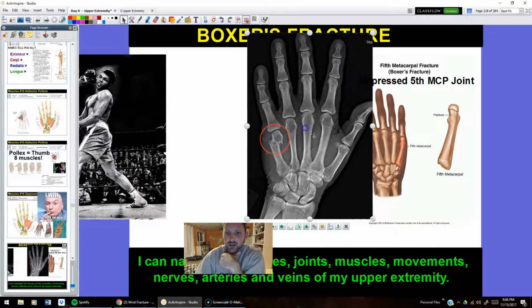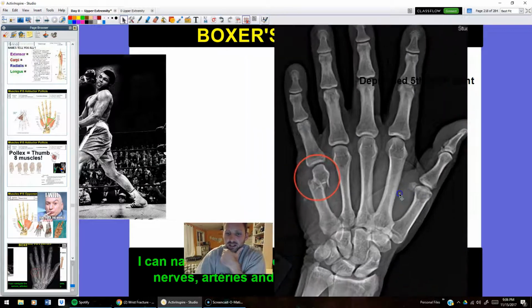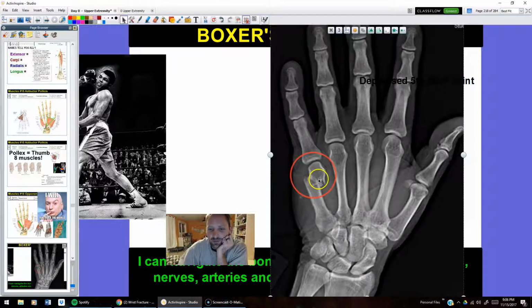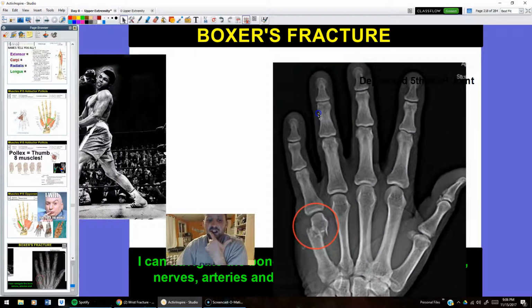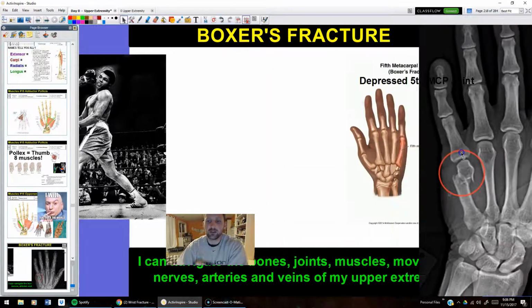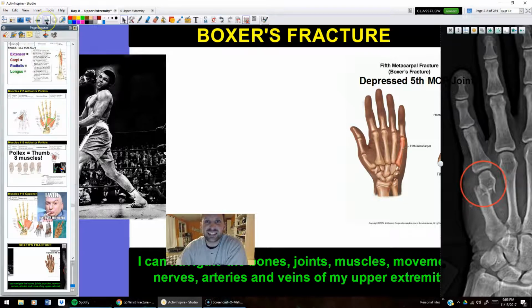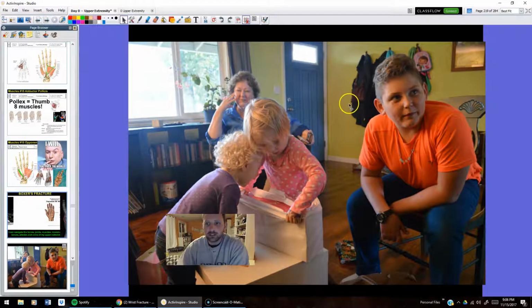If you see this picture right here, this is a pretty clean break of this 5th metacarpal. It also just might be a partial or a full sprain of the ligament surrounding your 5th metacarpophalangeal joint. So that can also be a boxer's fracture. I know that's not a fracture if it's not actually fracturing a bone, but sometimes those are linked together. So bam, that's an injury linked in that area to that small finger.